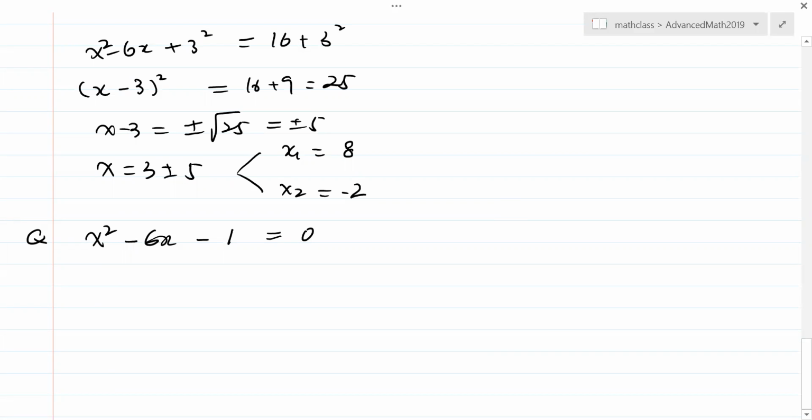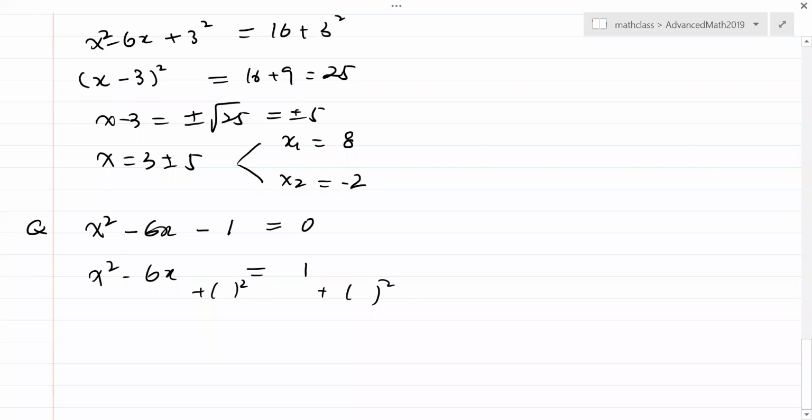Right, the same idea. You have to figure out what you have to put here: something squared. So that number will be half of the 6, which should be equal to 3 again, right? So you put 3 here, 3 here.